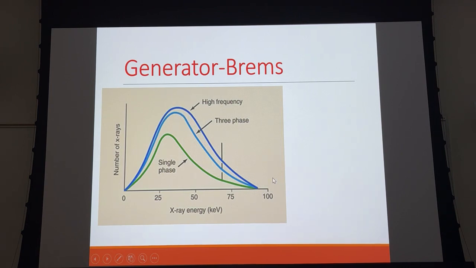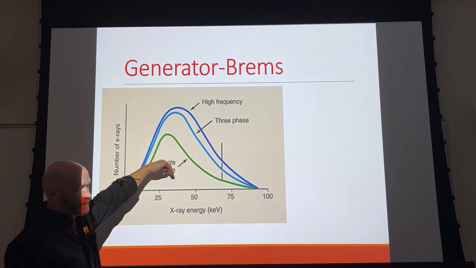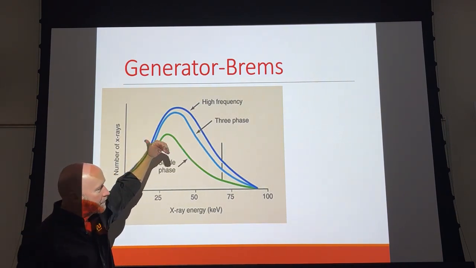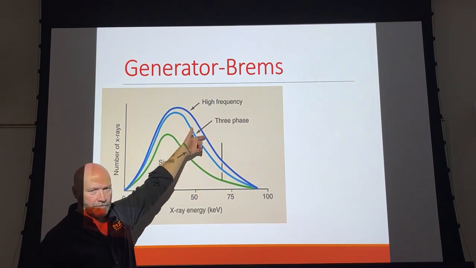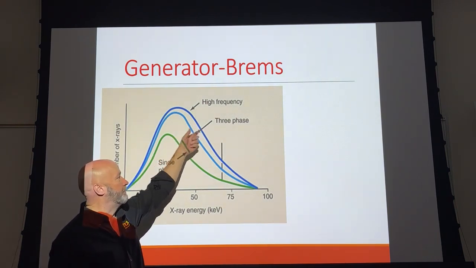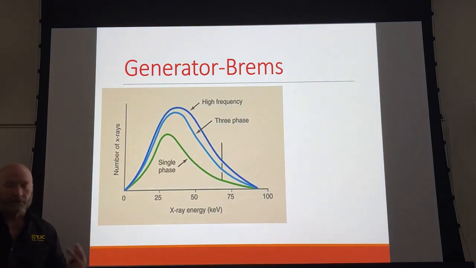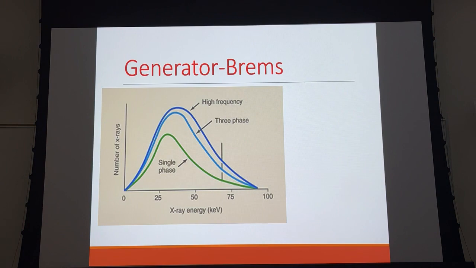And we talked about our technique compensation whenever we change from single phase, because single phase is a lower output. If we have a good technique for single phase and we move to 3-phase, we're going to have to change our technique, right? Likewise, if we go from 3-phase to single phase, we're going to have to change our technique, right? And that's always going to be a factor of 2.